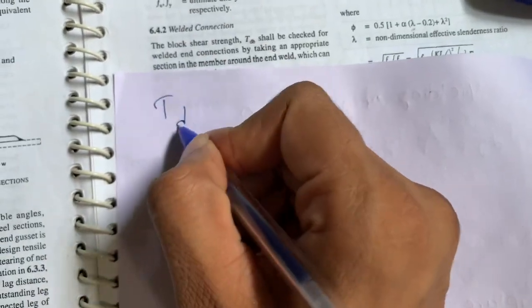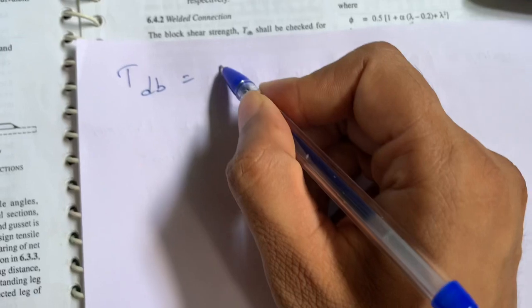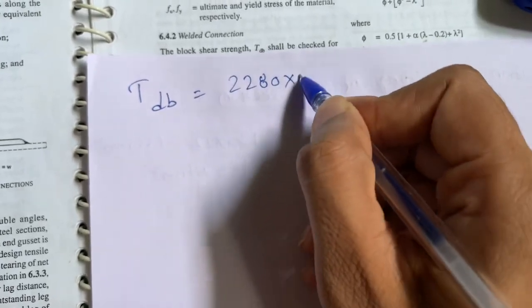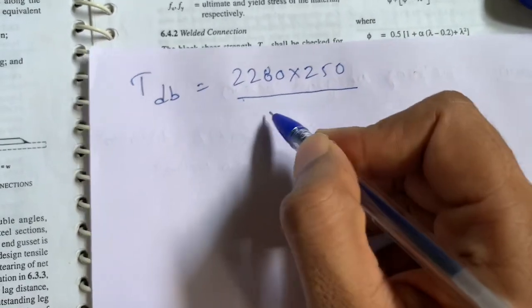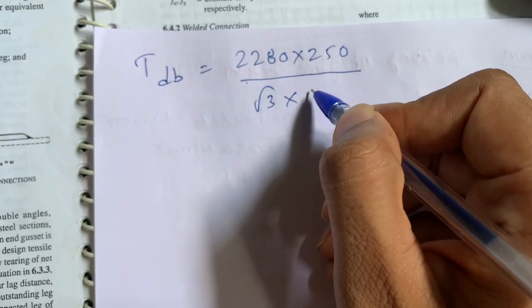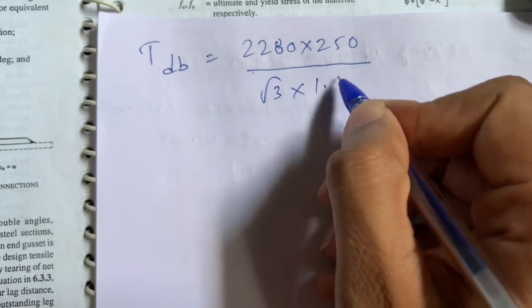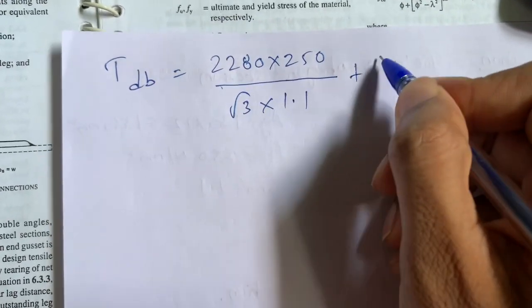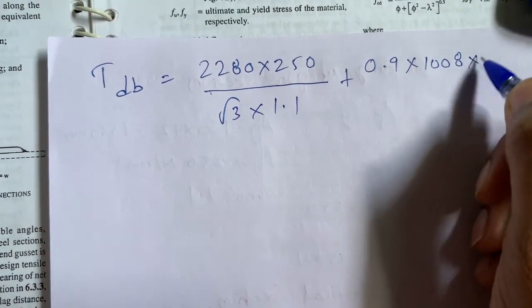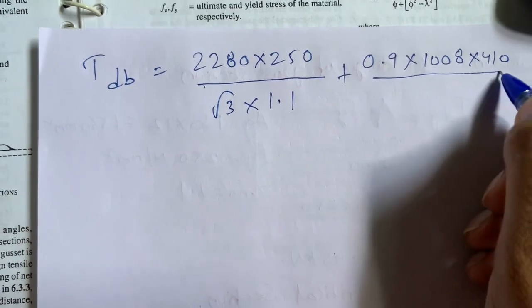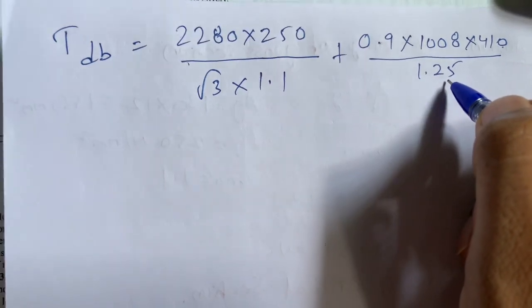TDB equal to, so AVG value in the first formula is 2280 into Fy, that is 250, divided by root 3 into gamma m0, that is the partial safety factor, which is available in the code book table number 5, that is 1.1, page number 30, plus 0.9 into 1008 into 410, that is the ultimate stress of the plate, available in table number 1, gamma m1, that is 1.25, available in table number 5.